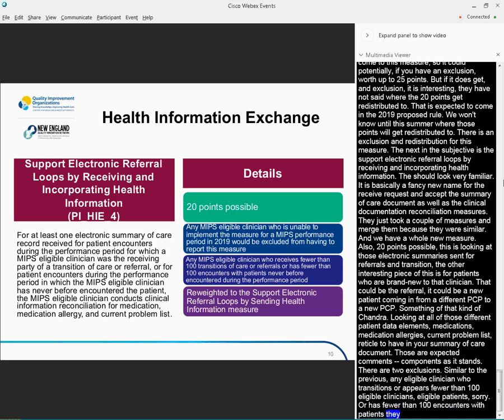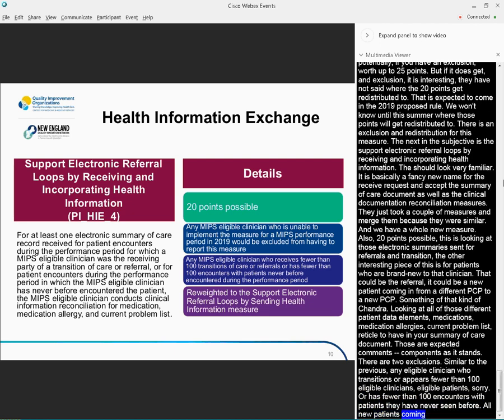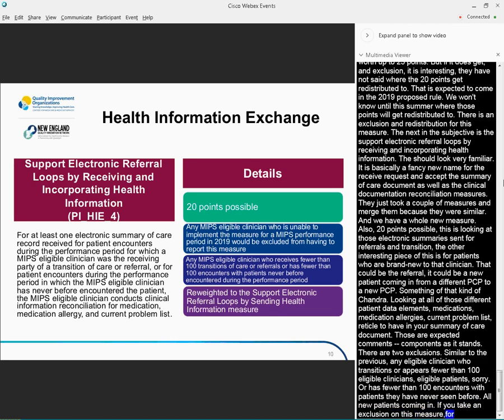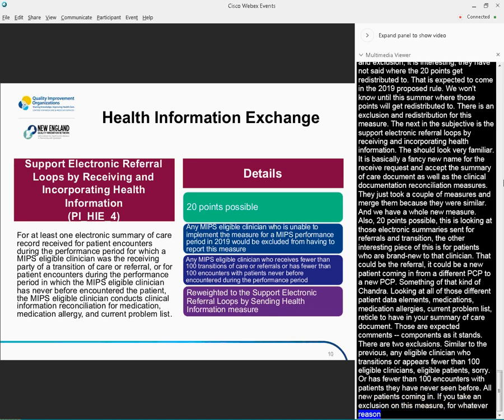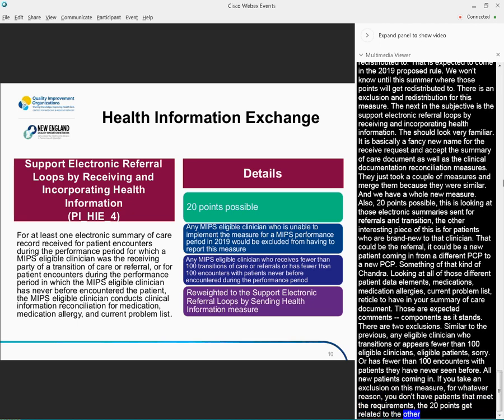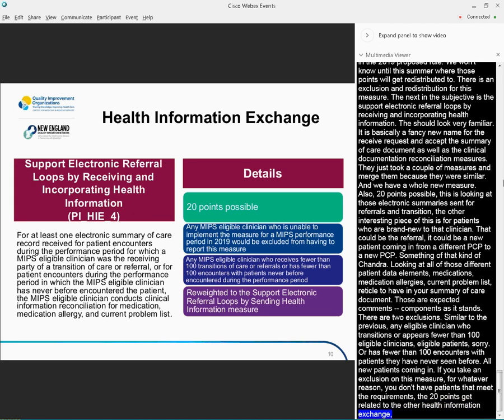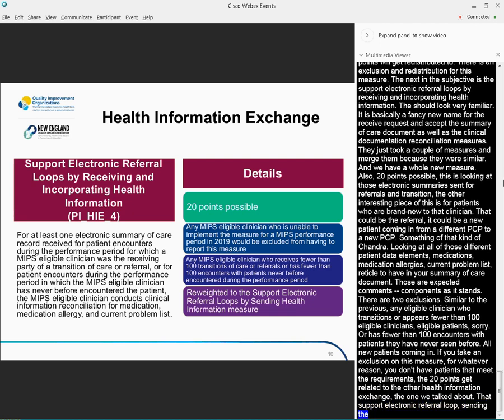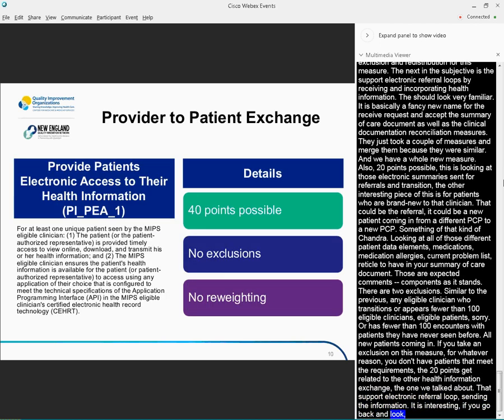If you take an exclusion on this measure because you, for whatever reason, don't have patients that meet the requirements, then the 20 points get reweighted to the other health information exchange measure, the one we just talked about, that support electronic referral loops by sending the information. It's kind of interesting how, if you go back and look, I should do an arrow diagram of how all of the different reweighting works, because there's a lot of back and forth, very confusing.